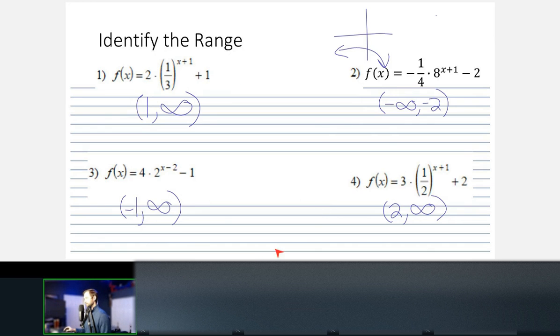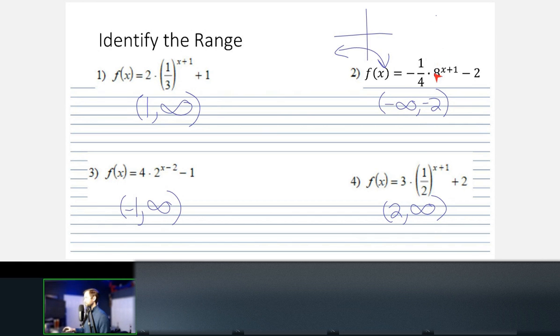Going back to this, this is the A value. This causes the stretch or the condensing. The B value is what determines if it's going to be growth or decay. B being the base, this being the exponent. So don't mix these up.